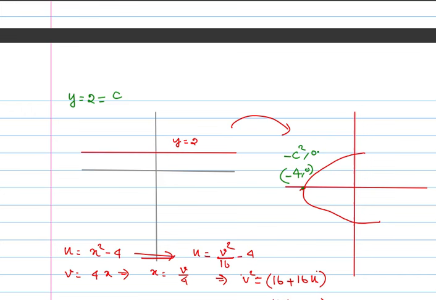Next, I want to find the image of some region. This is the third one: the set of all x comma y such that x lies between a comma b and y lies between c comma d. I want to first check what this region looks like.